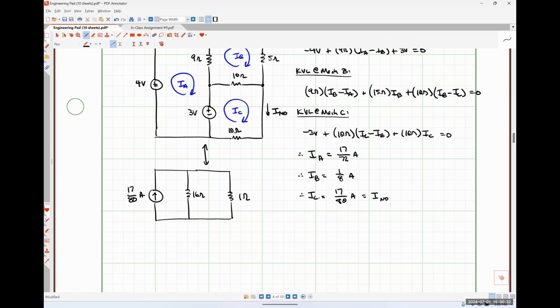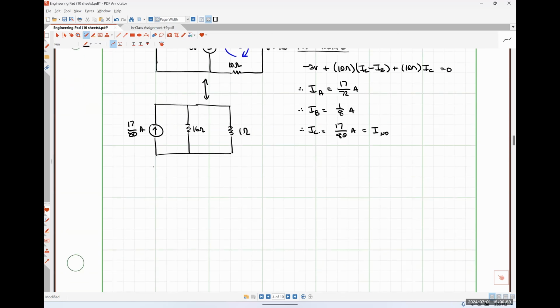So as a quick tangent here, but it's not really much of a tangent, if our Thevenin equivalent circuit is equivalent to our original circuit and our Norton equivalent circuit is equivalent to our original circuit, then it stands to reason that our Thevenin equivalent circuit and our Norton equivalent circuit are equivalent to each other as well.